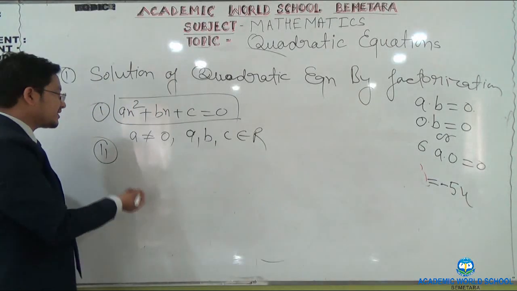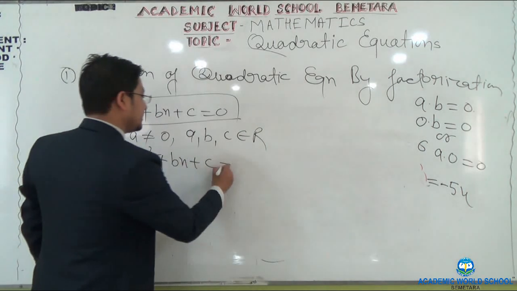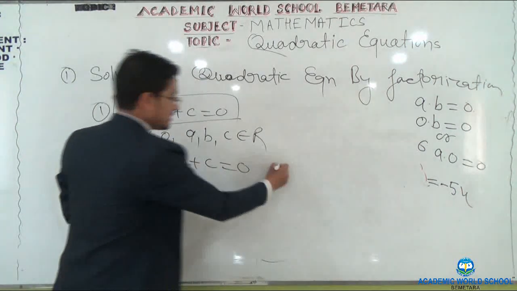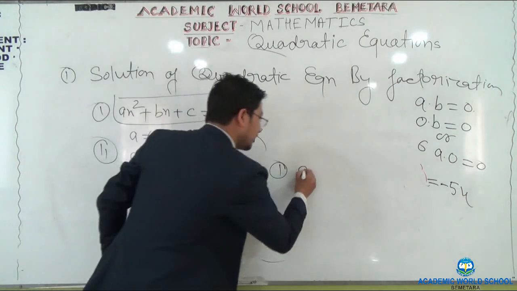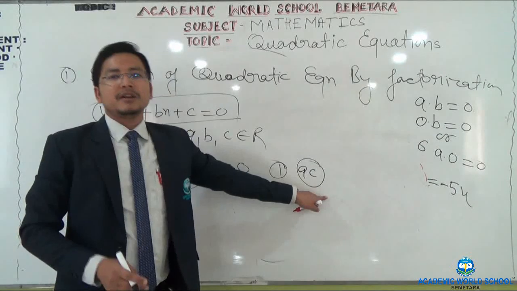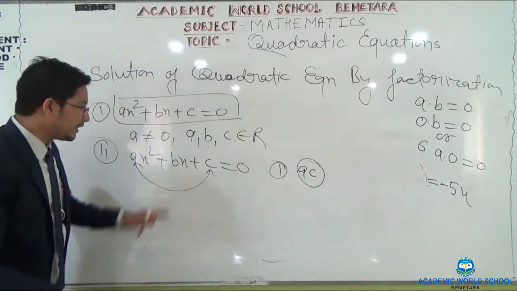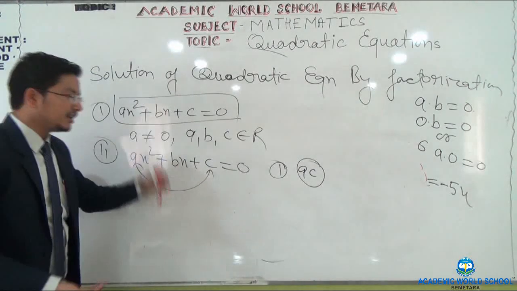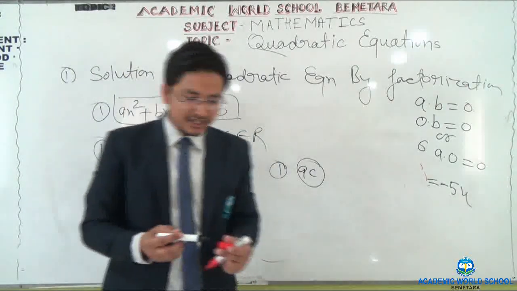In factorization method, for ax square plus bx plus c, we first multiply a into c. Whatever product we get, the factors of that product must be such that they become b. These are the things which we have studied in this chapter.